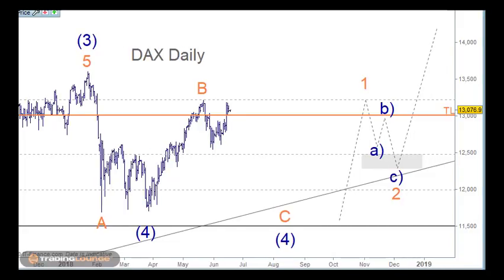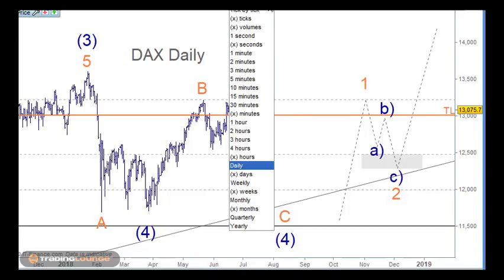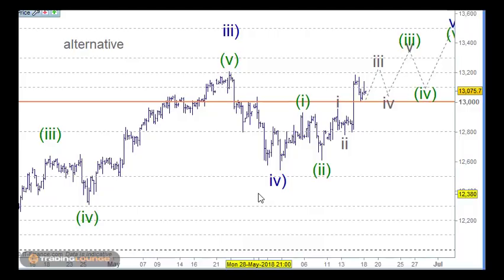In a nutshell, we need to see this market actually move down from this particular high here. We need to see it move straight down from here. If we see a new high coming in here, then we need to look at an alternative count, and the alternative count that first pops into my mind would be a more bullish count.